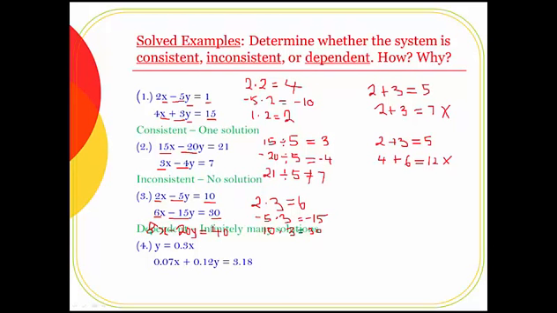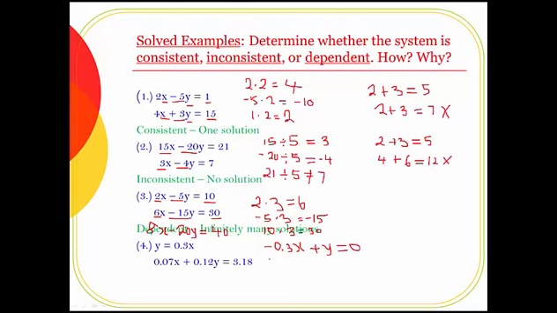Now in this one, question 4, you see that this is not lined up. So we do what? We have to line it up. And if we line it up, this will be 0.3x. If we bring this over here, this is minus 0.3x plus y equal to 0.